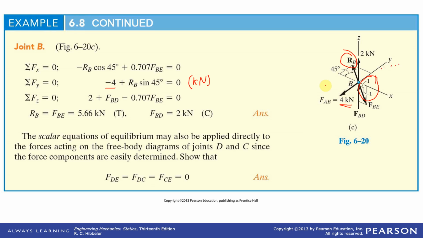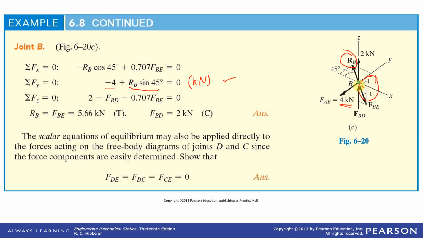RB sine theta, and that's in the positive y direction. So that's the y equation. Anything else in the y? No. FBE is not in the y direction. FBD is not in the y direction. And the applied load, the 2 kilonewtons, is not in the y. They're all in the z.